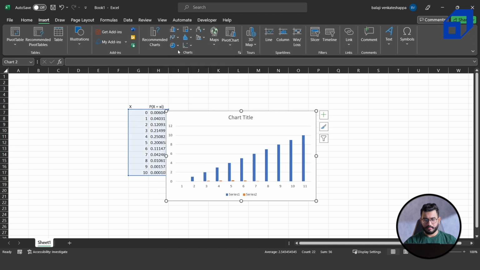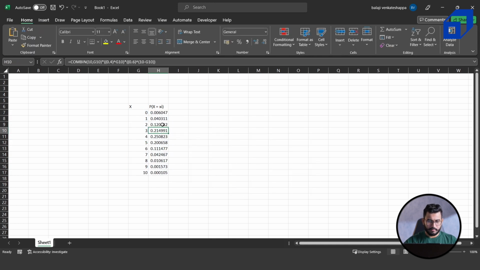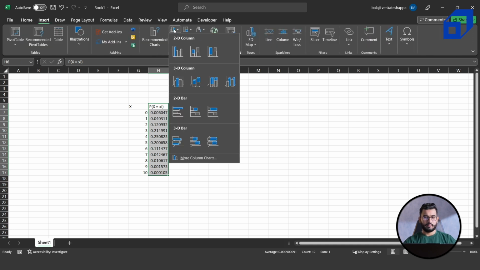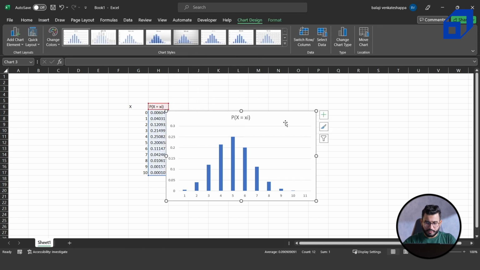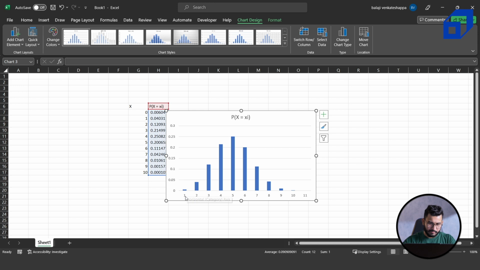Okay, it is not coming out correctly, so let's choose only this one. Insert and this chart. Now here, first of all, this is not 1, this will be 0, this will be 1, because we haven't selected the x. So assume this is 0, then this is 1 and so on.